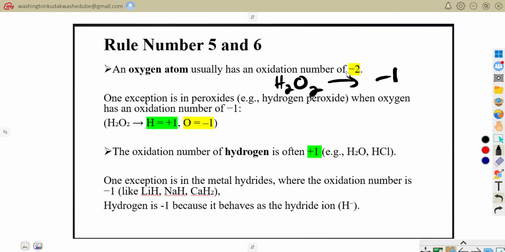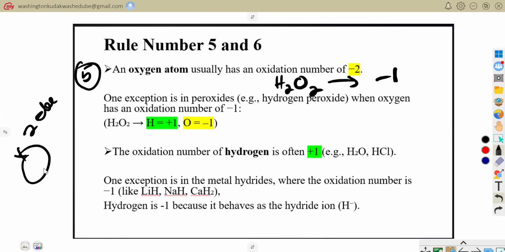That is an exception that rule number 5 is bringing. If we go back to our chemical bonding, where we have got ionic bonding, the valence electrons of oxygen would tell you that we are in deficiency of 2 electrons.